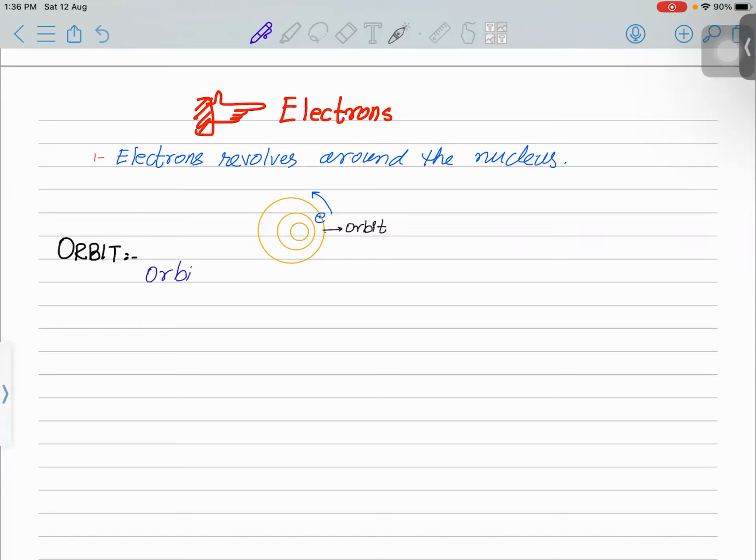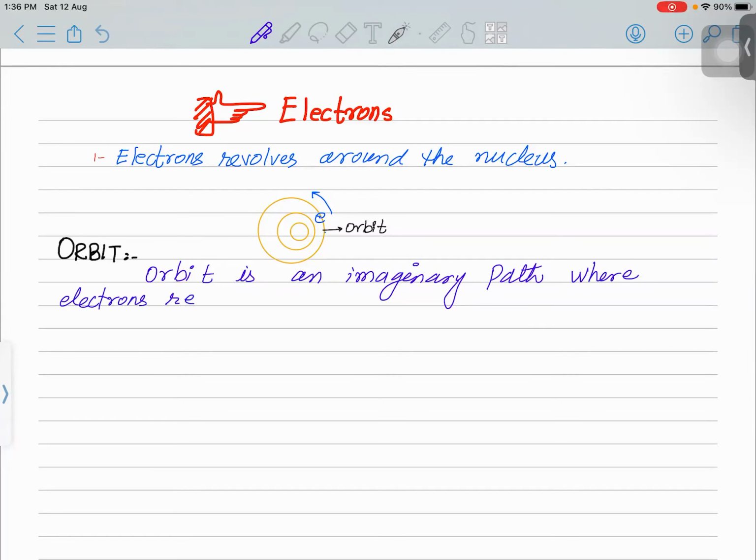So the first point is: an orbit is an imaginary path where electrons revolve.